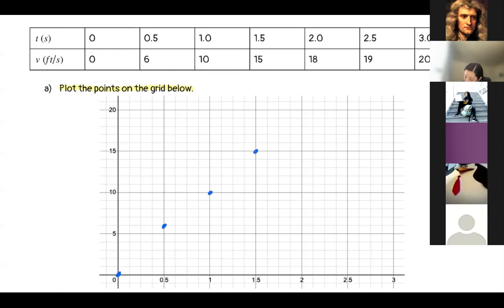At 2, she's at 18 feet per second. 2.5, she's at 19. And at 3, she's at 20 feet per second. Okay. Now, based on this picture, would you say that her speed or her velocity is increasing or decreasing?